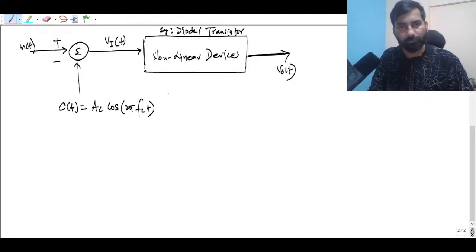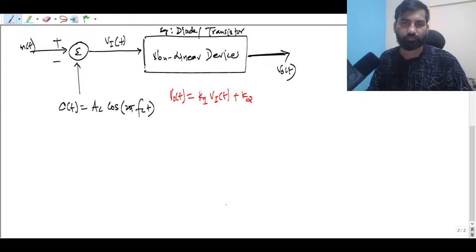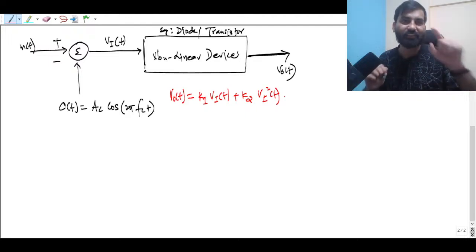V out(t) is going to be equal to K1, which is a constant, times Vi(t) plus K2 Vi squared. So here the square term tells us yes, this is a non-linear device.